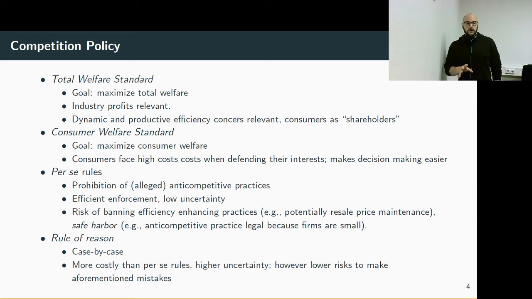Okay, lastly, we talk about per se rules and the rule of reason. A per se rule means that in our case, an anti-competitive practice is simply prohibited, right? And that basically applies, for instance, to cartels, right? Hardcore cartels. There is, of course, and we will talk about this in more detail in the upcoming lectures, Article 101(3) that says that if a certain cooperation helps the consumers, then it might not fall under the per se prohibition.